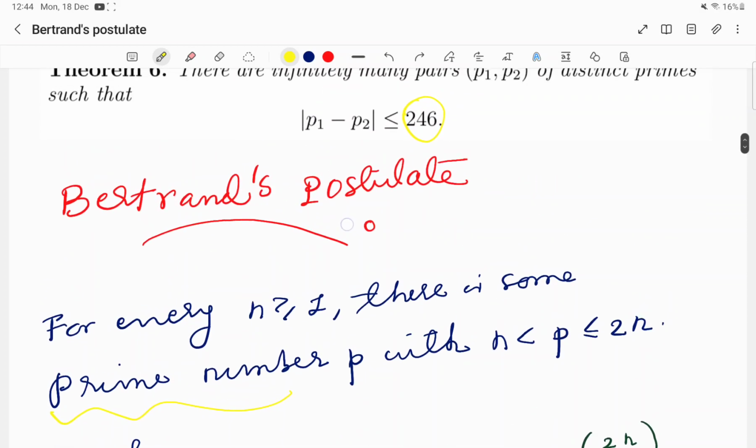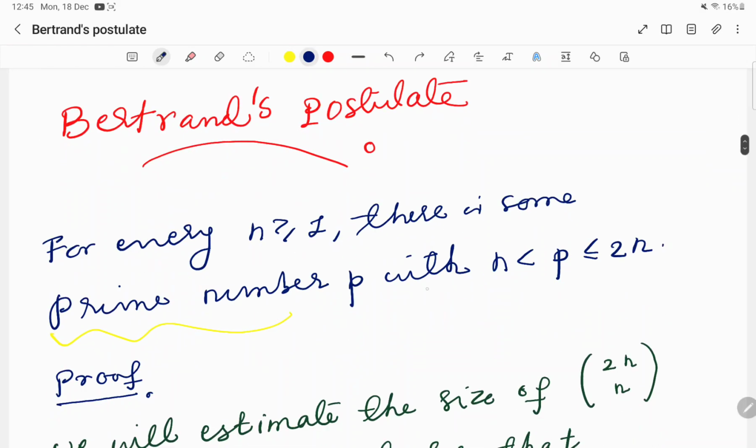We are not starting the proof now. From the next lecture onwards we will start the proof, and we will complete it in at most four parts. For example, start with 2, then you don't have to go beyond 4, and definitely you find a prime, 3.